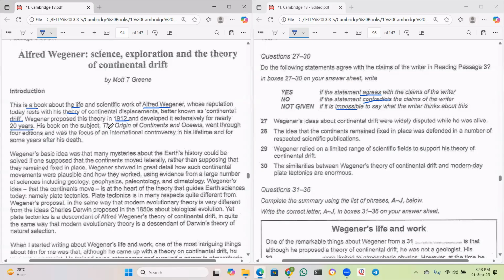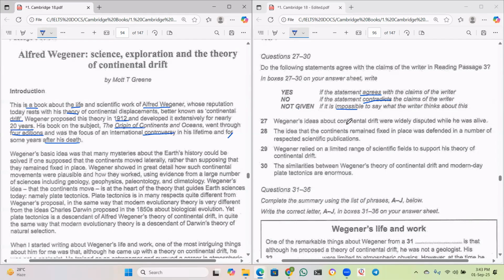His book on the subject, The Origin of Continents and Oceans, went through 4 editions and was the focus of an international controversy in his lifetime and for some years after his death. That's a good introduction. Let me read the questions first.